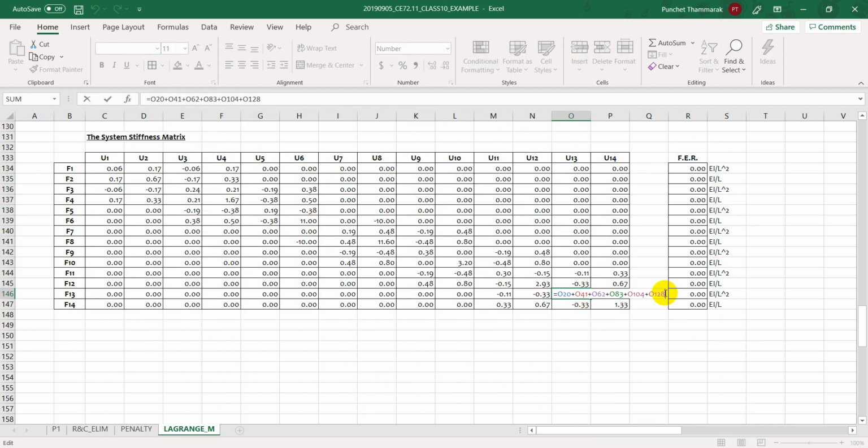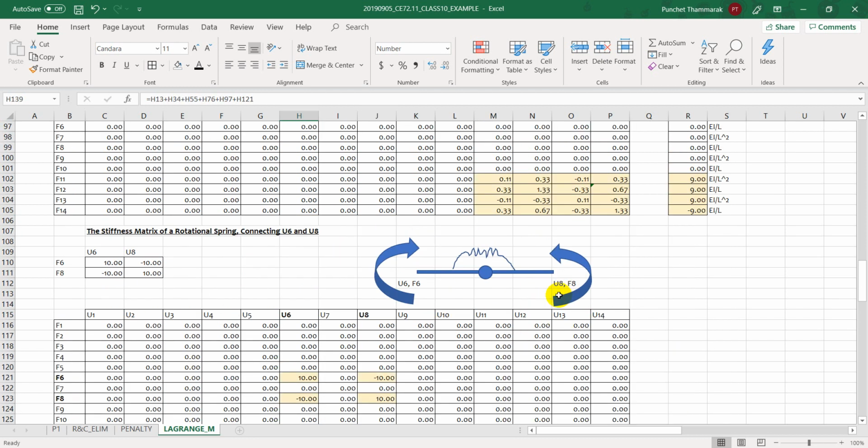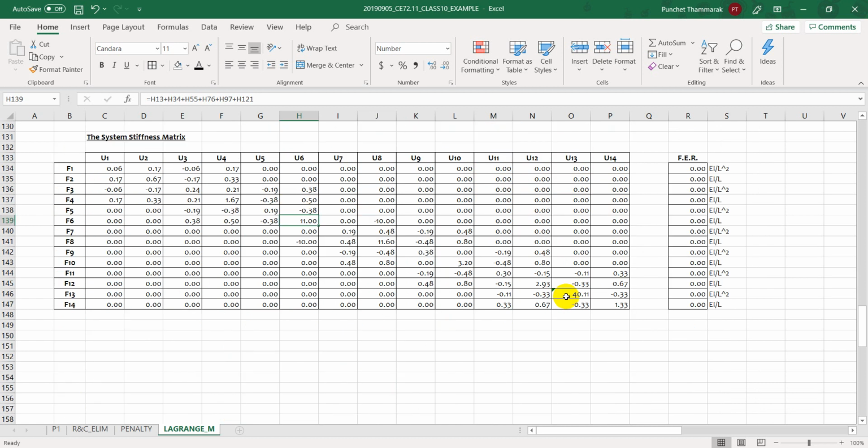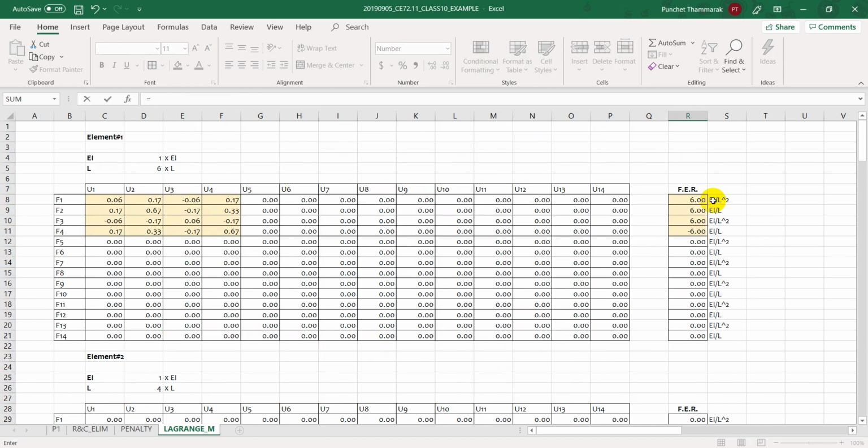And here plus 40. Don't forget your spring. That spring was taken care of already for the rotational spring, as we make it as one structural element there. Fixed end reaction also need to take care of it.